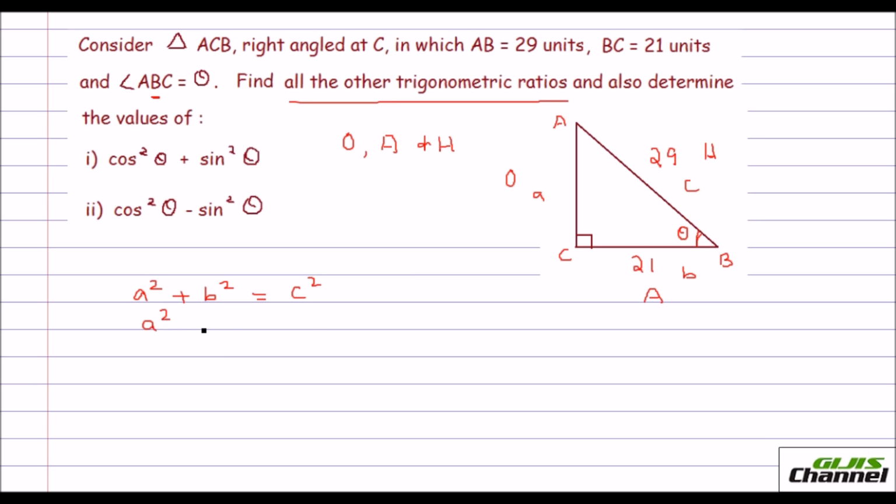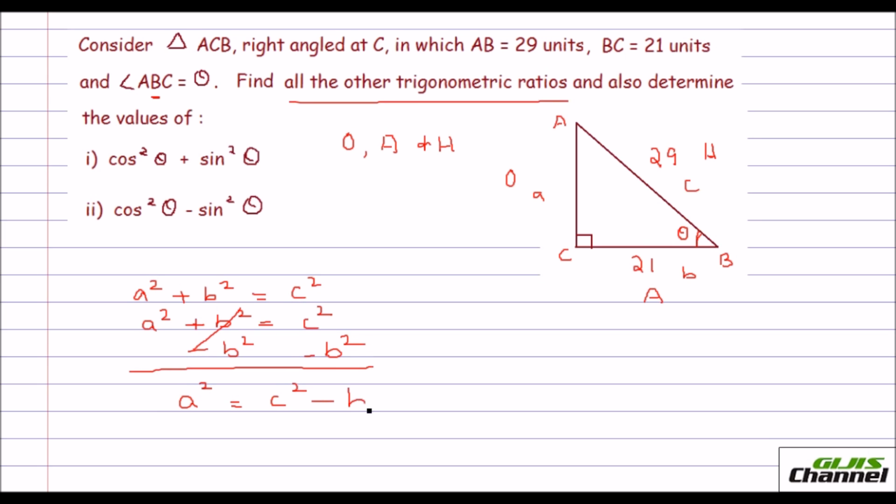We need to find a square, so I am going to move b square to the right side. For that, I subtract b square on both sides. So b square is gone, and you would have a square equals c square minus b square.